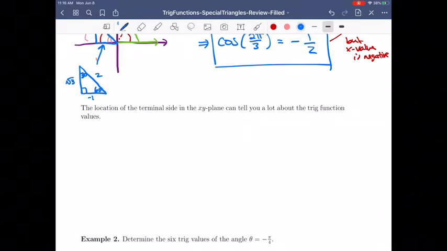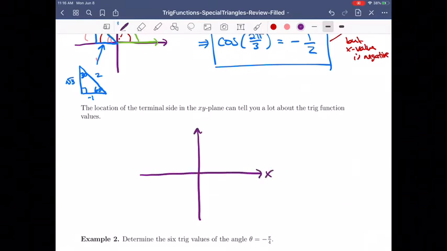So a common thing. If this is my xy plane, we have quadrant 1, 2, 3, and 4. You start in the positive and go counterclockwise.